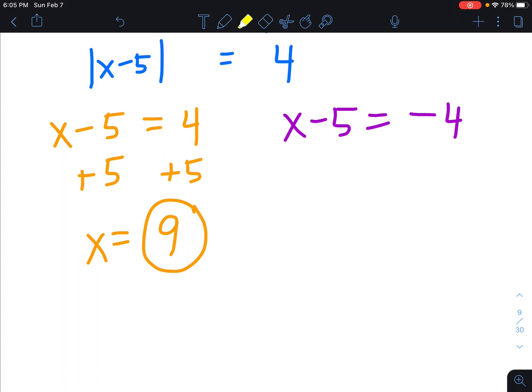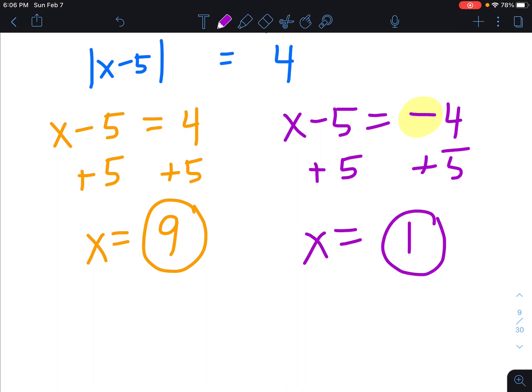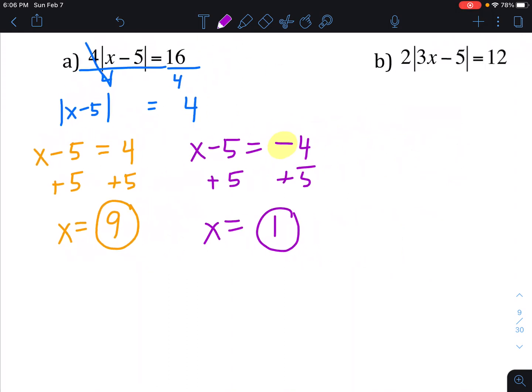What did I do here that was different? Of course, again, I ignored the absolute value symbols, but notice the 4, the number not in the absolute value, got changed to a negative 4. So now I just go ahead and solve that. I add 5, so x is 1. So there are your two answers to the problem, 9 and 1.